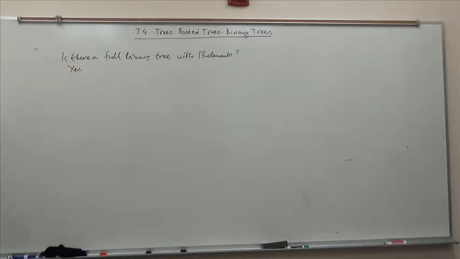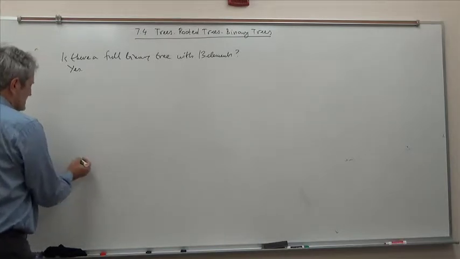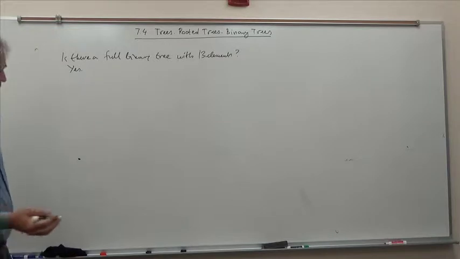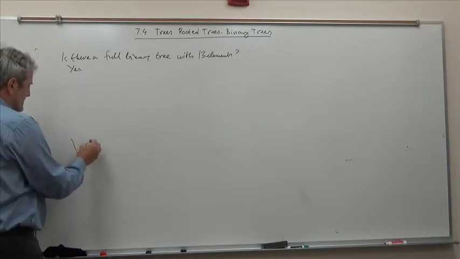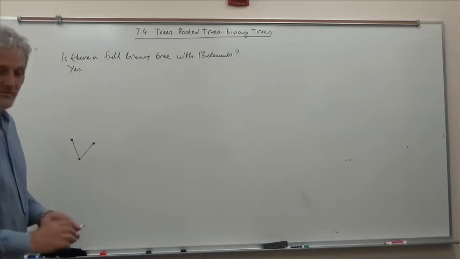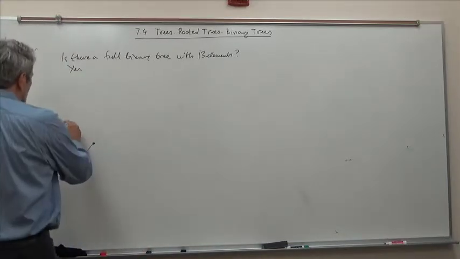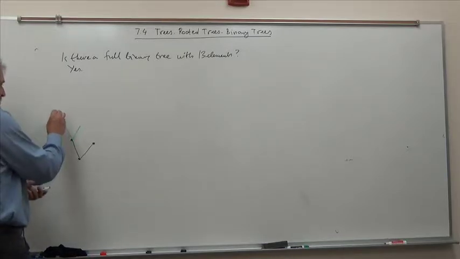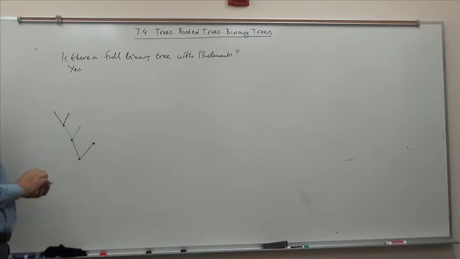Here is what we can do. Here's an easy one, and I can actually prove by induction for every odd number. I can start like this. How many is this? 3. Can I make 5? Yes. Add 2 by branching here. This is a full binary tree. So that's 5. Can I make 7? Again, take one terminal and branch it, that adds 2 more nodes, and you go 2 by 2.